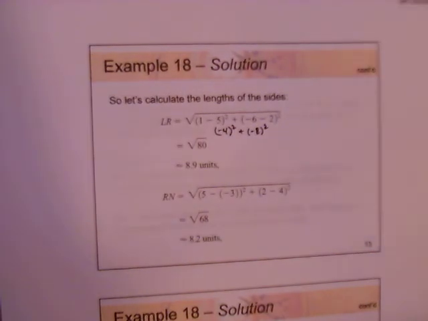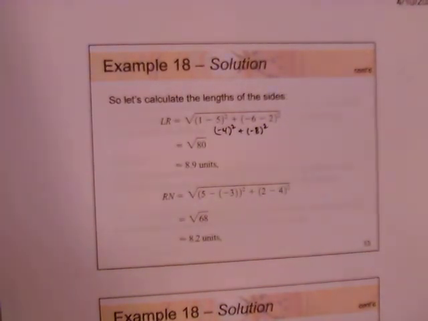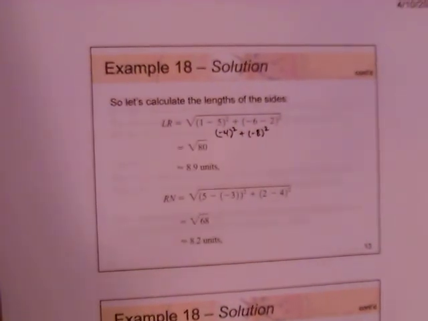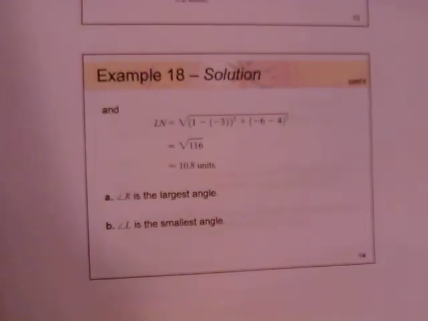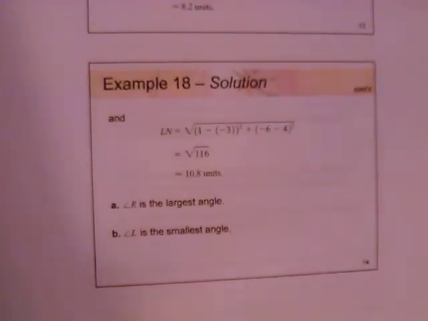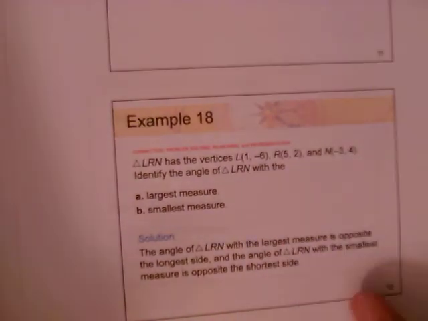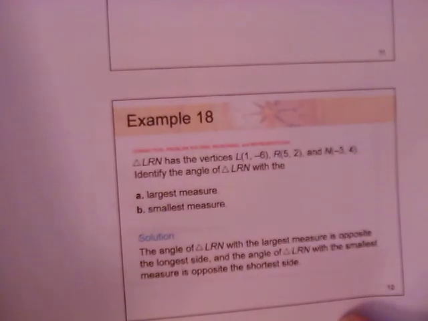And then, on this next slide, they did L, the distance from L to N. Here's L, and that's N. 1 minus a negative 3, and that's squared. And then y2 minus y1, negative 6 minus 4, and that's squared.